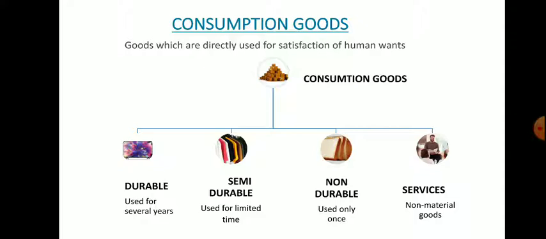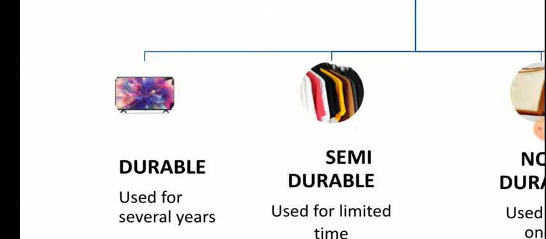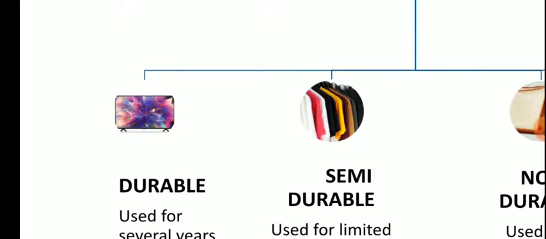As you can see here, consumption goods can be subdivided into four major heads. What are those major heads? First of all, durable goods, durable consumption goods. Let me zoom out this. See, this is a television set, and durable goods are those goods which can be used again and again over a period of time.